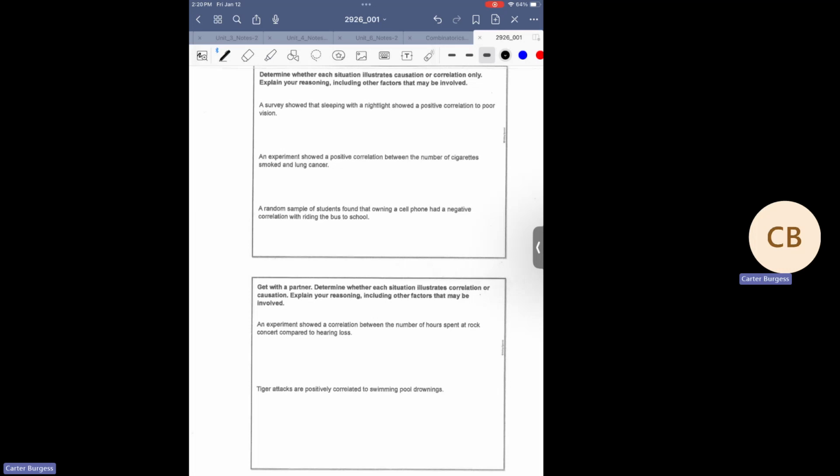Correlation just says that there is a pattern to the behavior. So all of these are correlation. Causation is a type of correlation. Both of them are correlations, but causation is a more specific type. In fact, it is a correlation where changing this is why we see a shift.